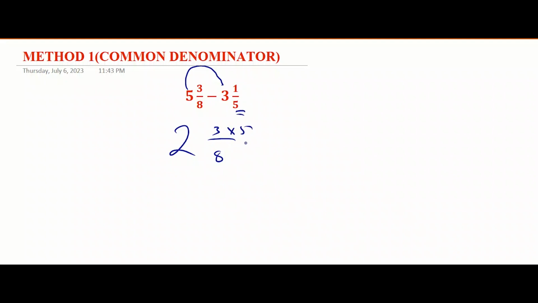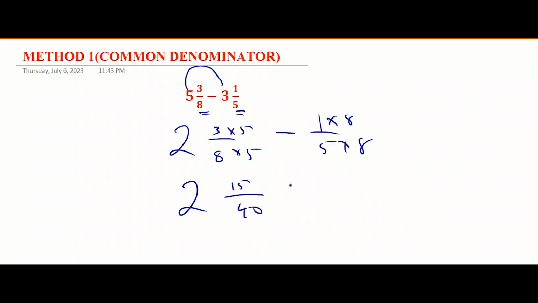We have by 5 here and by 5 here. Then subtract the second fraction, which is 1 out of 5. So we need to multiply the numerator and the denominator by 8. That will be by 8 by 8. So we have 2 whole number, 3 by 5, that is 15 out of 40, then minus 8 out of 40.